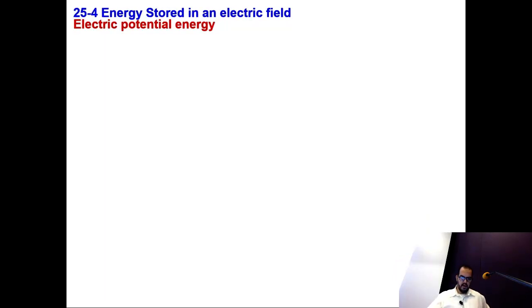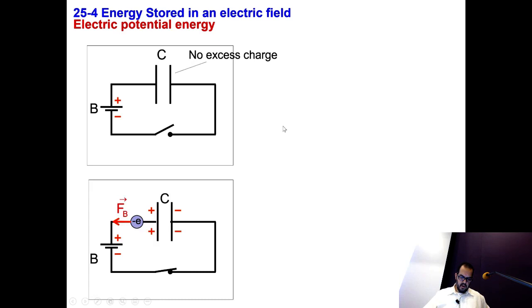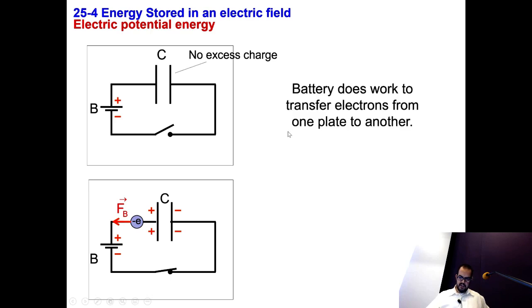If we have the capacitor not connected to the battery, no charge is on the capacitor. If we connect it to the battery, it will charge to a charge Q, and the potential established across the capacitor will be equal to the potential from the battery. The battery actually does work to transfer electrons from one plate to another.